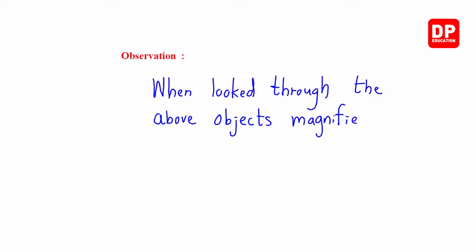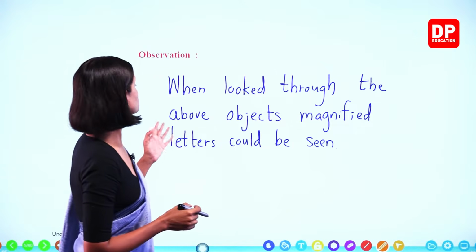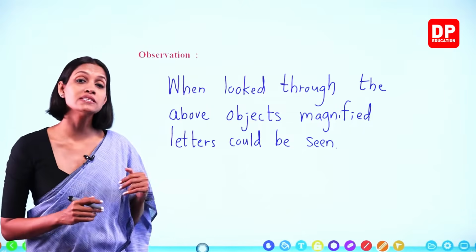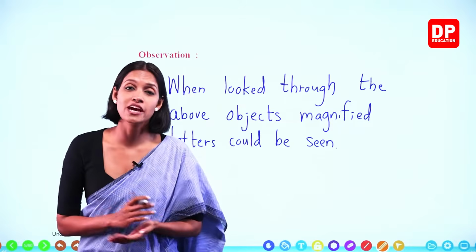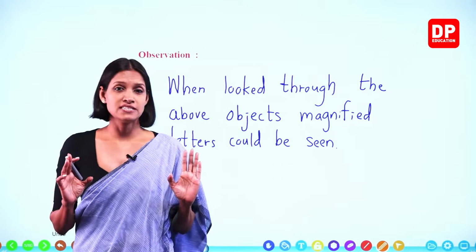Magnified letters could be seen. The size is increased. When looked through the above objects, magnified letters could be seen, which means these type of objects can be used to read the letters very easily.